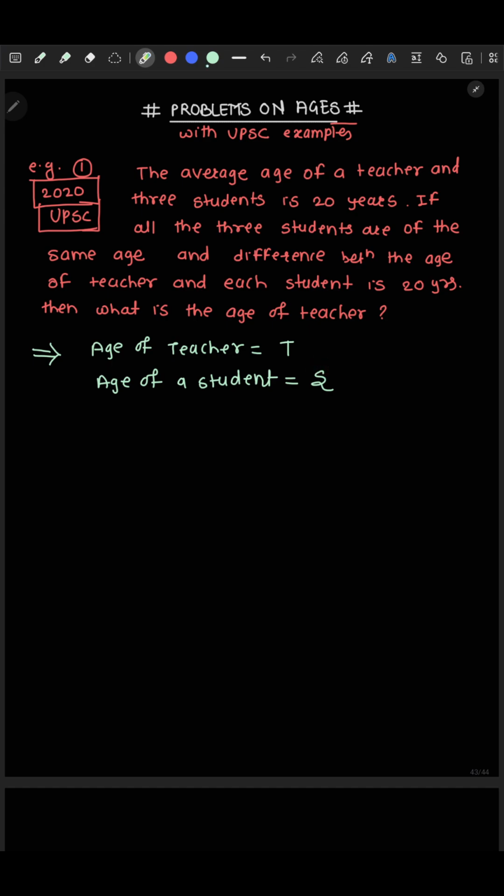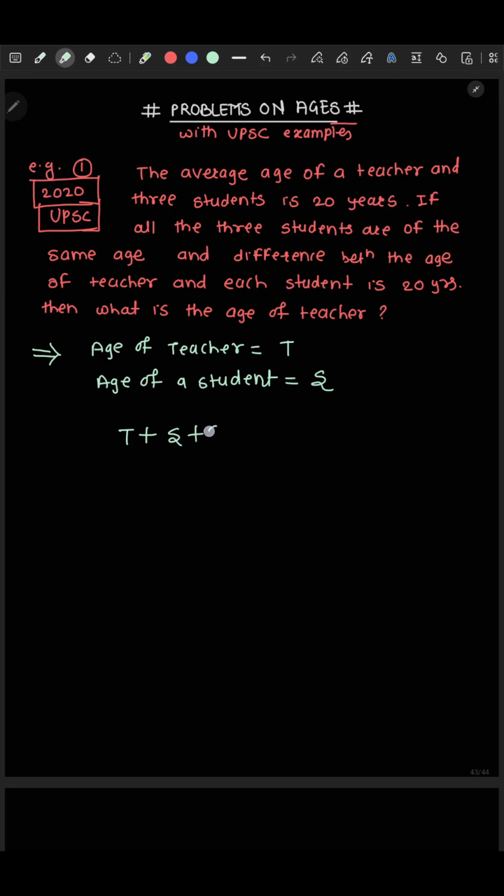Now just try to frame the first statement into an equation. The average age: T plus, now how many students are there?